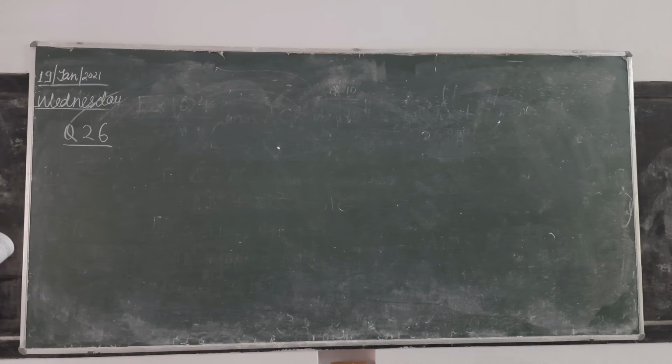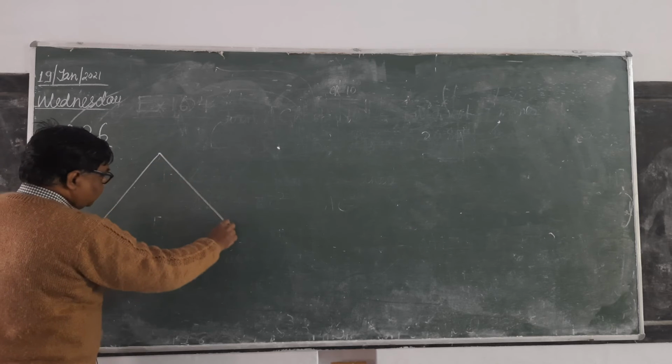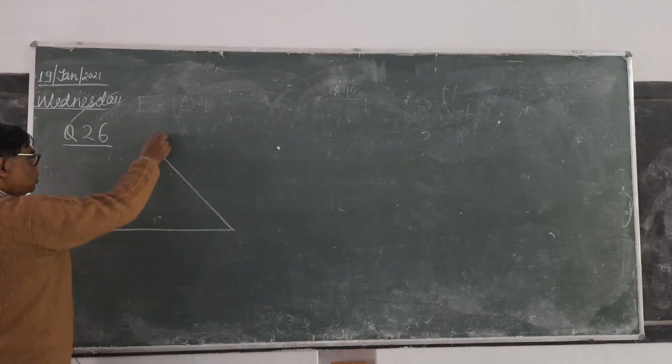Question number 26. In an isosceles triangle in which two sides are equal, and here equal sides are given AB and AC. These are the two equal sides of the isosceles triangle.